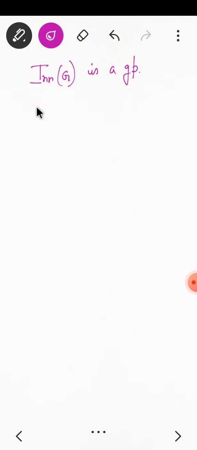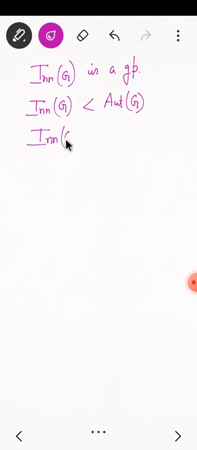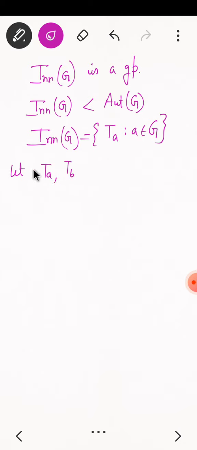For that we show that Inn(G) is a subgroup of Aut(G). So Inn(G) is the collection of all inner automorphisms, that is T_a where a belongs to G. We take two elements, say T_a, T_b belongs to Inn(G).